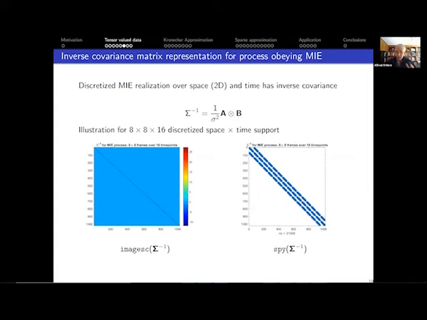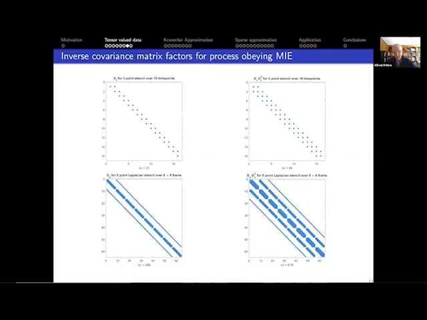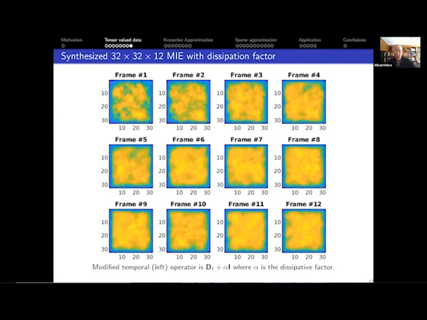Okay, so sparsity in the inverse covariance, even though the realizations may not be sparse at all, they're Gaussian, filtered through these differential equations. And this just shows the various stencils for the 8x8 frame for DZ, and then for the DZ transpose, which is what plays into the covariance, because that's what we've defined as B. DT transpose is A in A Kronecker B. All right, so here's just a realization.